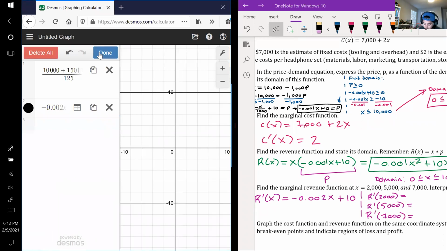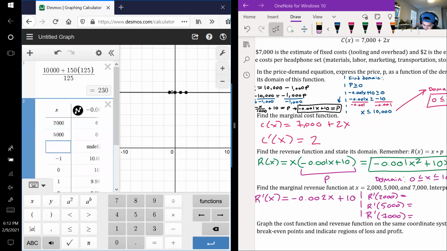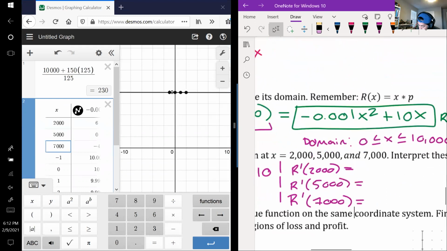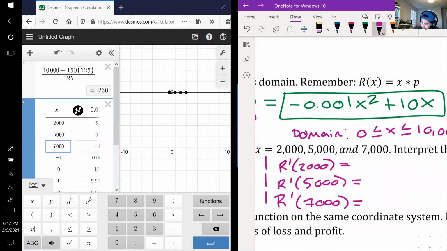Do my little table. Beautiful. And 2,000, 5,000, 7,000. And what we get is a positive 6, a 0, and a negative 4.